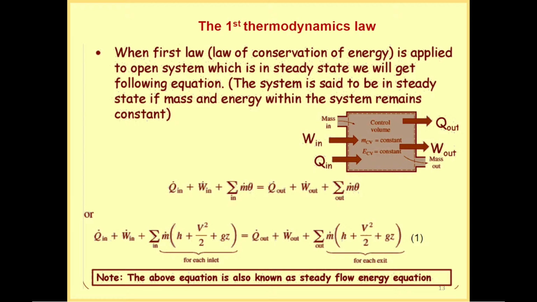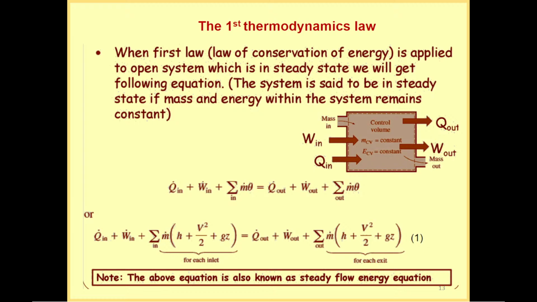An open system is said to be at a stationary state if energy and mass within the system remain constant. This statement is supported by the analytical equation number 1.